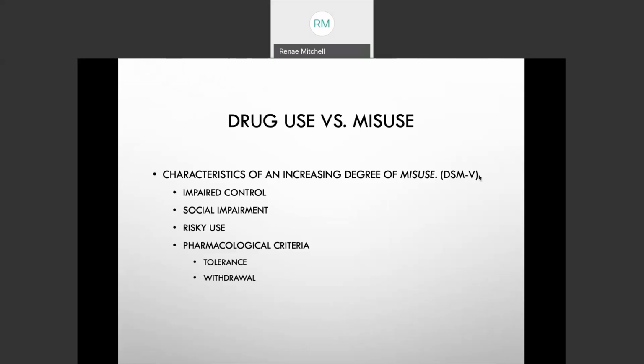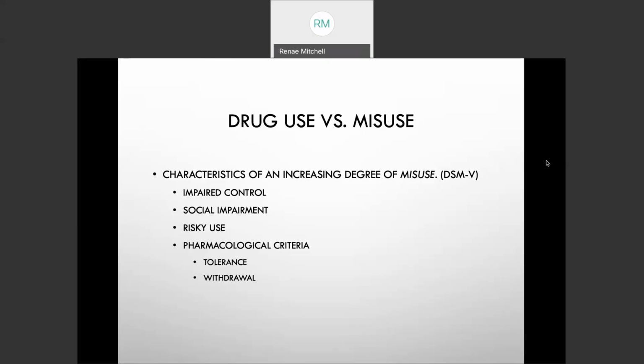So the DSM-5 distinguishes between drug use and misuse. Drug use in and of itself is not a psychological illness. There need to be certain characteristics of drug use behavior for it to count as misuse.